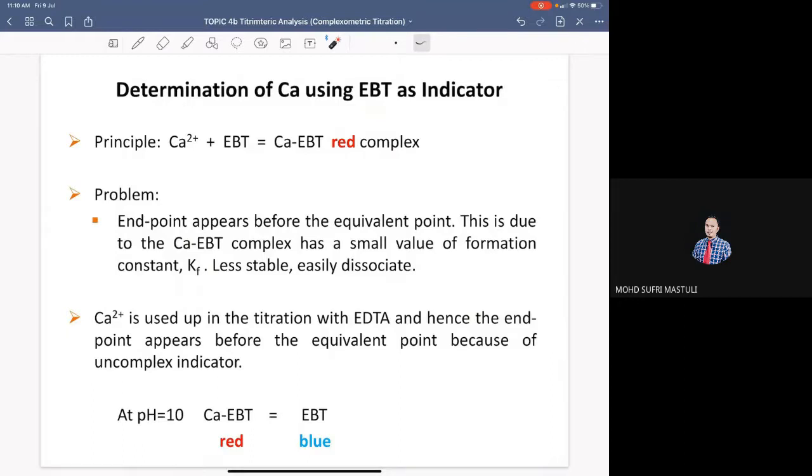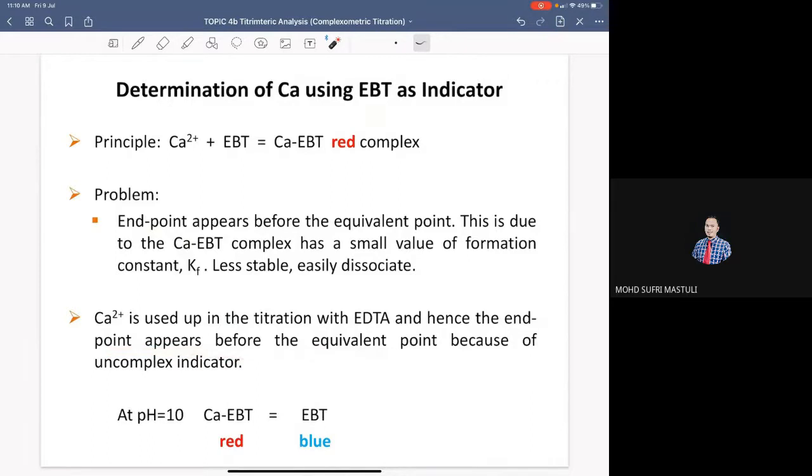Calcium 2 plus ions are used in the titration with EDTA, and hence the end point appears before the equivalence point because of uncomplexed indicator. So when we do the titration with EDTA, the complex between calcium and EBT will be unstable and dissociate. This is why the endpoint appeared before the equivalence point.